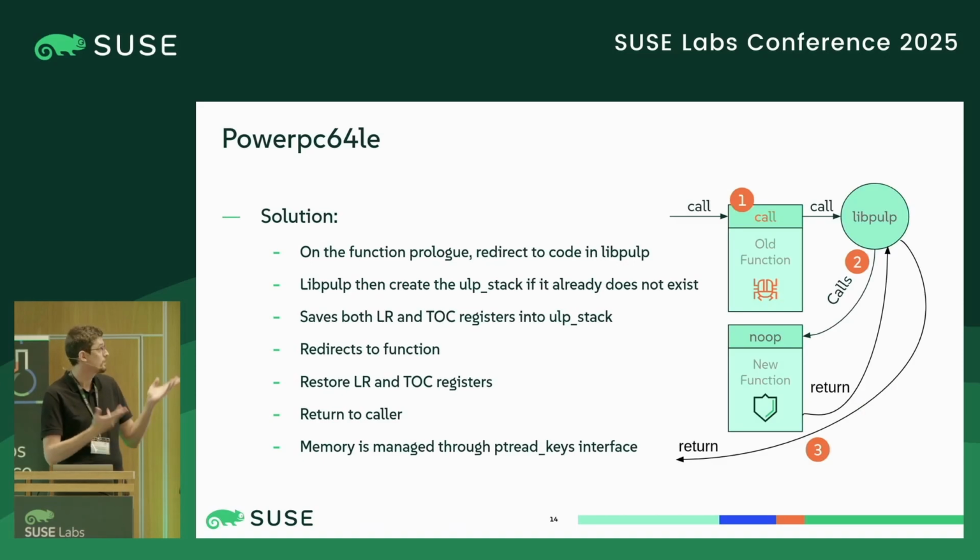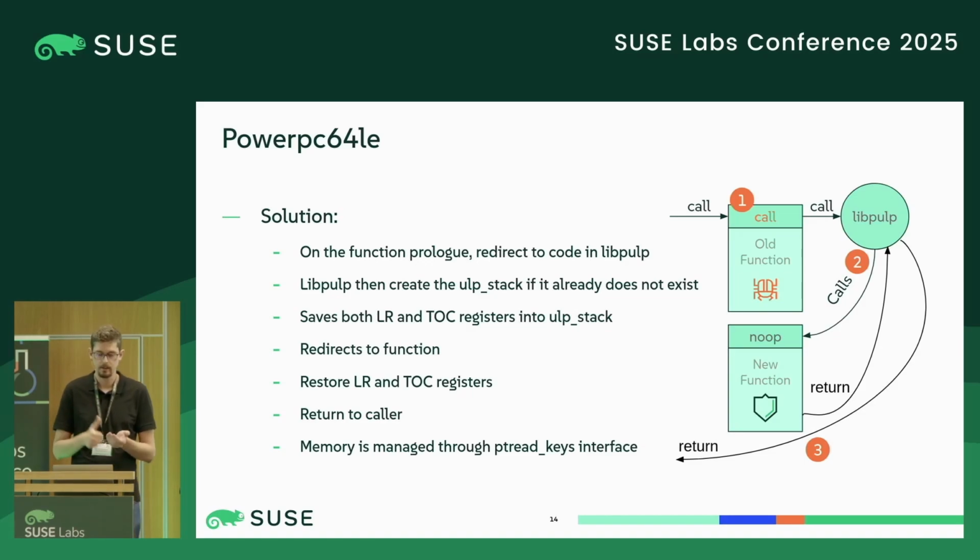But we eventually developed the solution. What happens is that, on the prologue, we redirect to code running in Libpulp rather than jumping straight to our new function. Then Libpulp does the administration by itself.